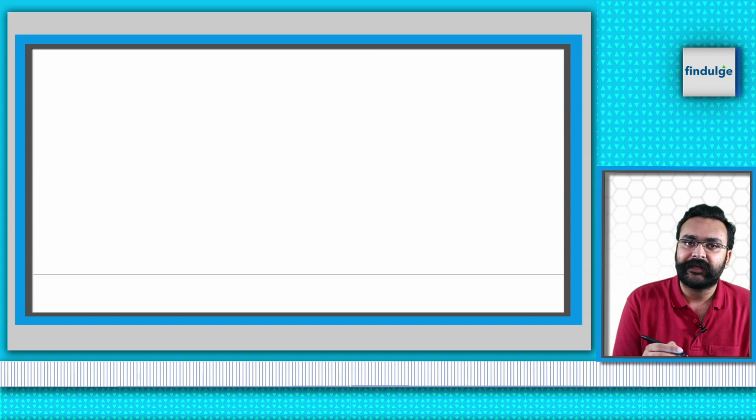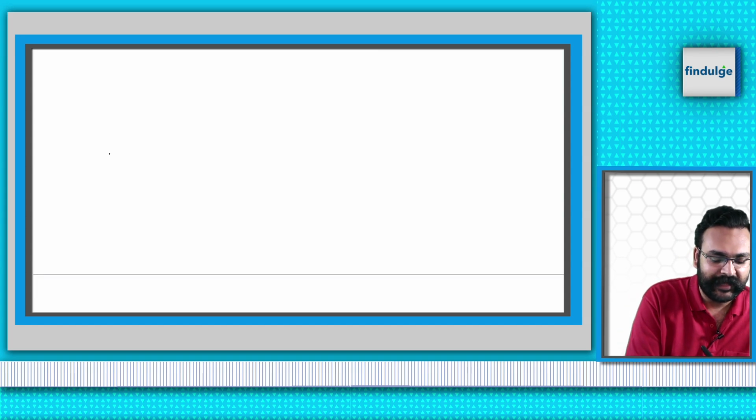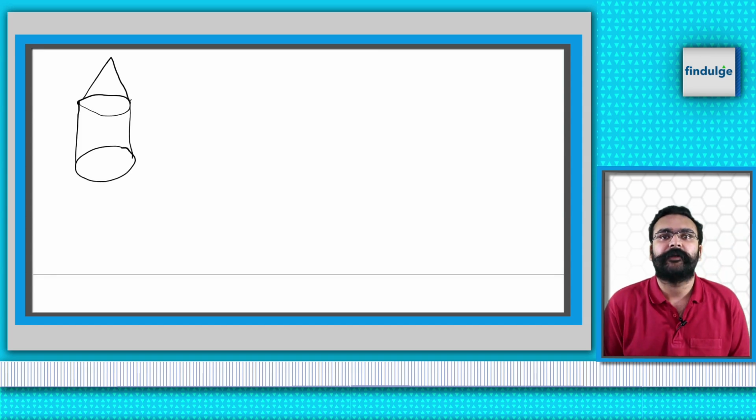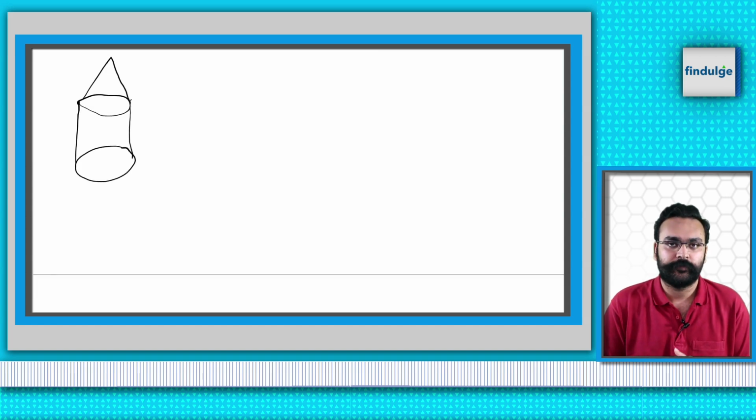Now if we imagine what that figure looks like, it will look something like this, where we will have our cylinder and on top of that a cone has been put. And so this is the tent that we have been asked to make.